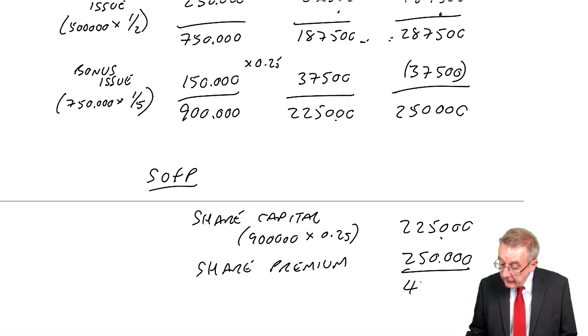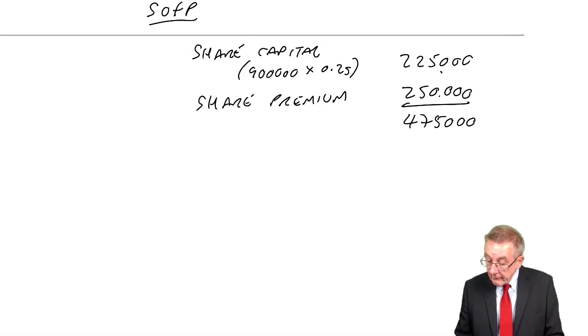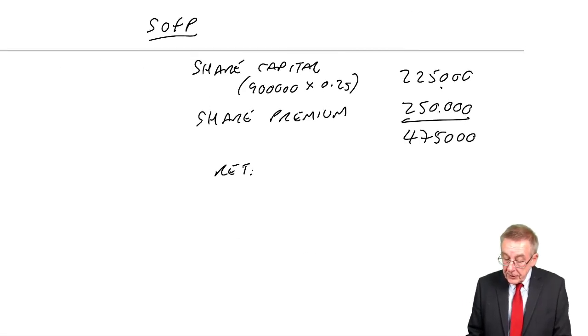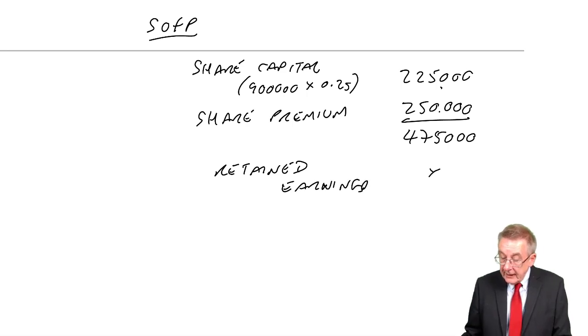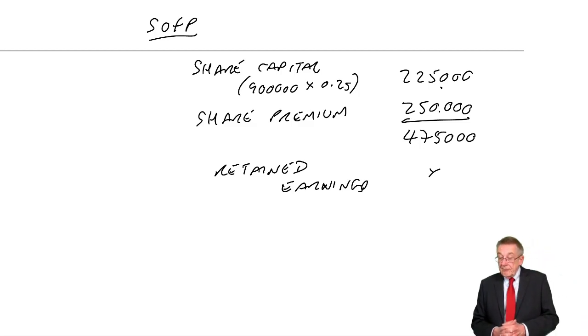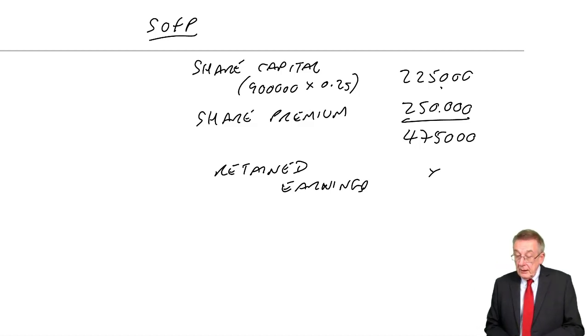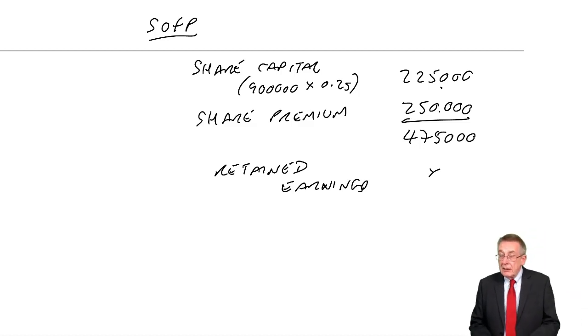The total 475,000. But of course, there's going to have been retained earnings as well owing to them. But that's not been affected and we don't know what it is. So there we are. It does need practice, but it's not hard.